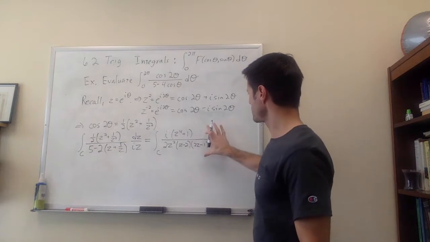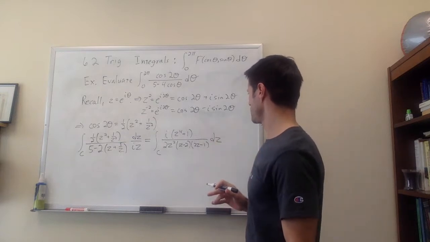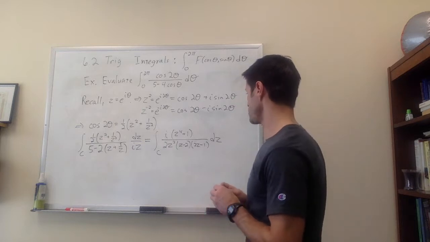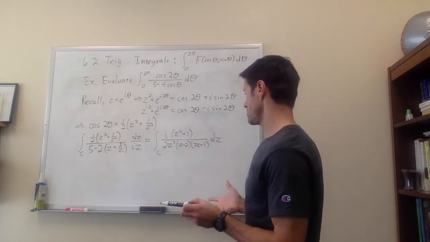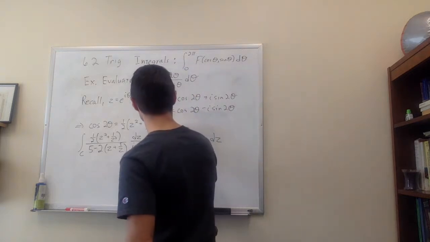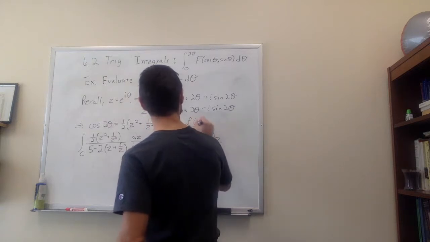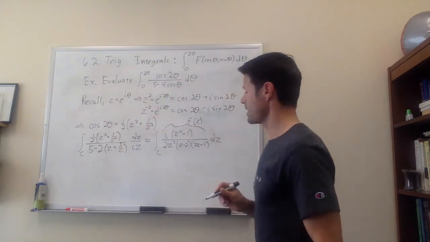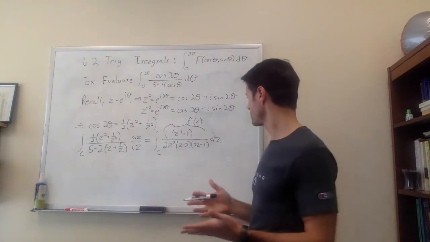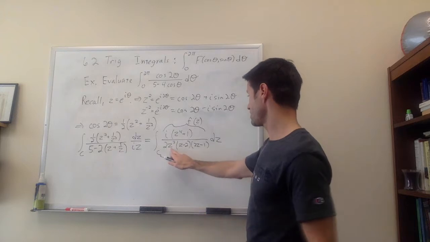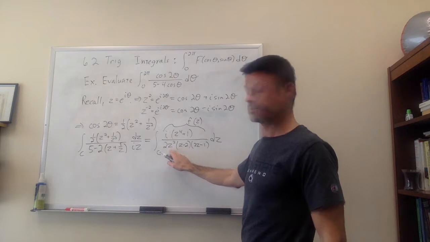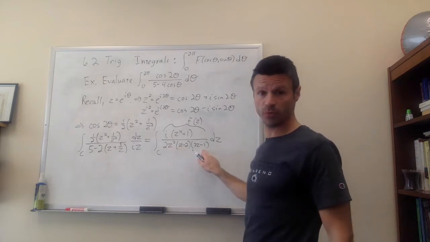Now that this has been simplified, we need to use Cauchy's residue theorem. We need to locate the singularities of this integrand, which I'm going to label f of z, and then determine which of those singularities are inside the unit circle. It's pretty easy to see that 0 is a pole of order 2, and 1/2 is a pole of order 1.